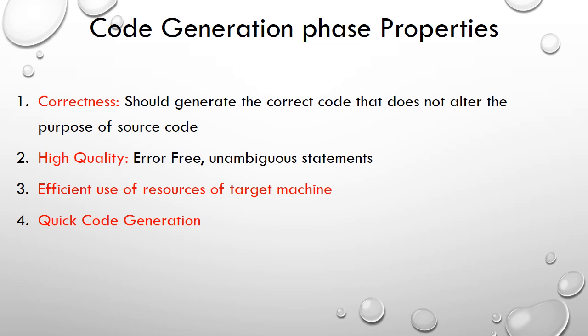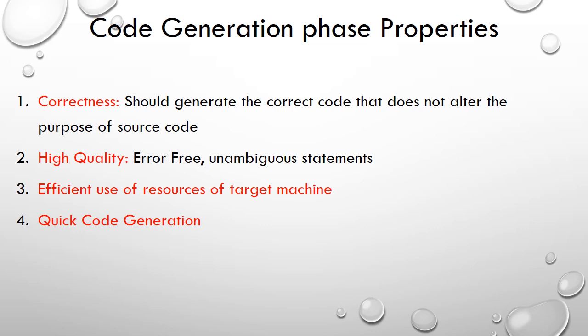Mostly the resources required are the CPU and the main memory. You will not have control of the CPU, but you can have control of the main memory. So main memory should be effectively utilized. You should not allocate unnecessary memory.